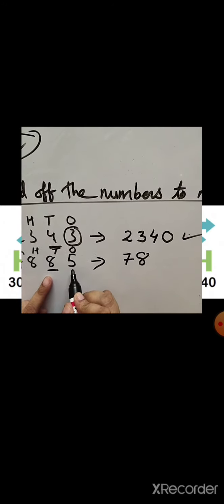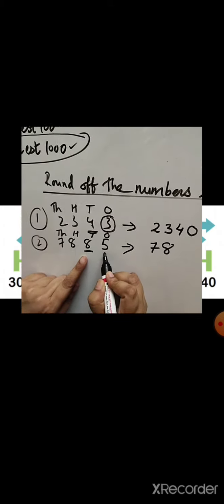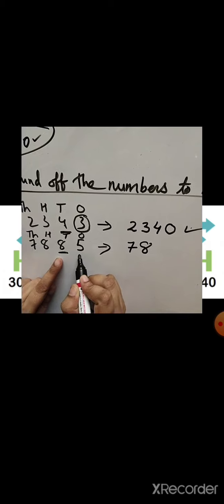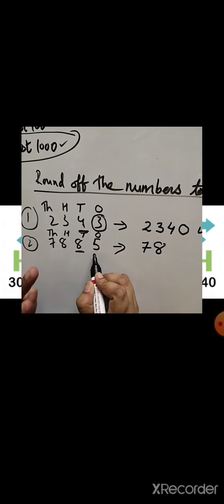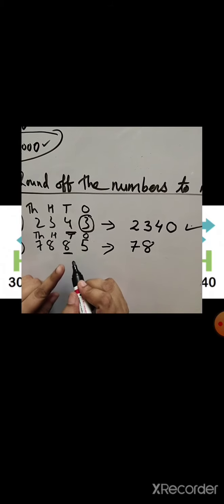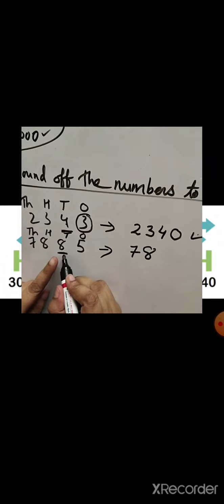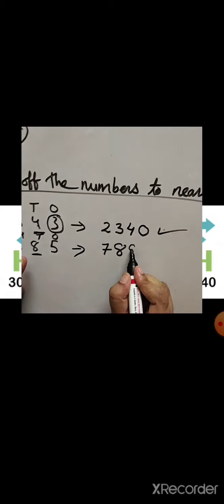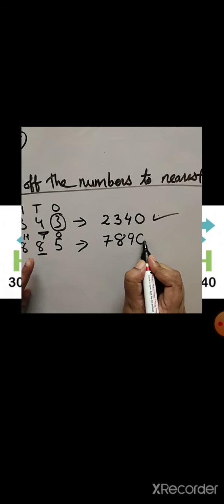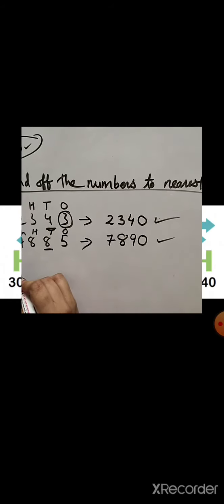Will 10's position change or not? It depends upon ones. What is there in one's position? Which number is there? 5 is there. That means the number is more than 4. Okay, if 1, 2, 3 and 4 are there, this will not change. If 5, 6, 7, 8, 9 are there, 10's will change. How it will change? It will increase by 1. So 8 plus 1 will become 9 and the 1's position will become 0. Understood? Okay, let us take one more example.